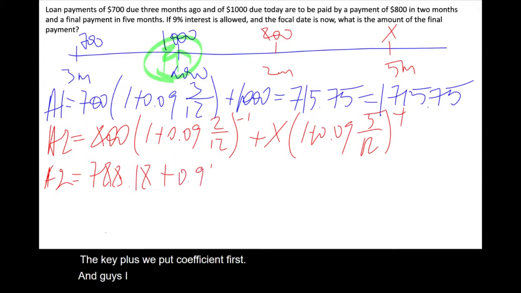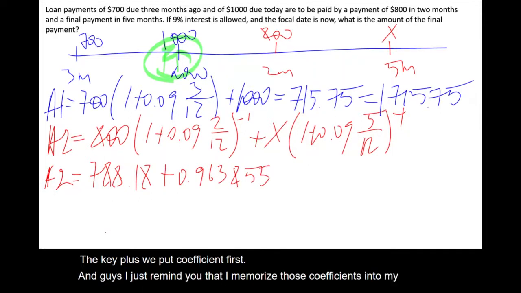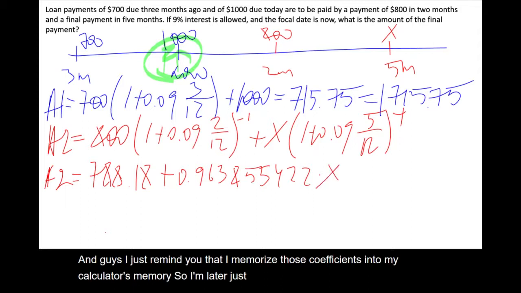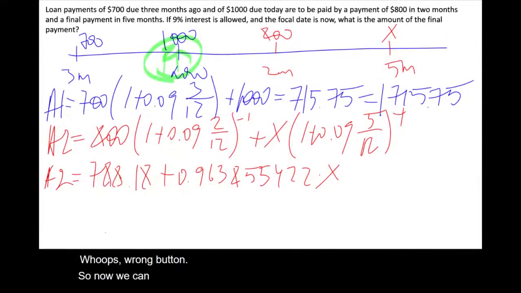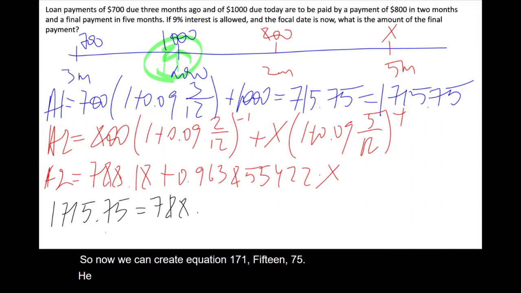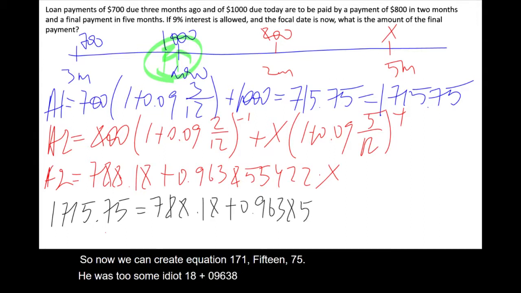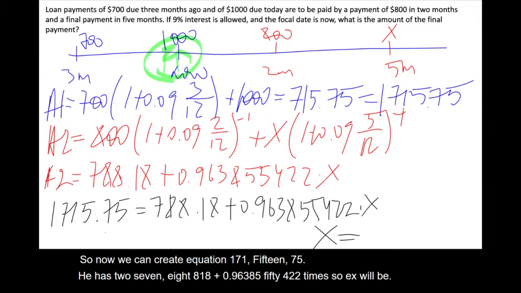And guys, I just remind you that I memorized those coefficients in my calculator's memory, so I later just recall them. So now we can create the equation: 1715.75 equals 788.18 plus 0.963855422 times x. So x will be, let's calculate.